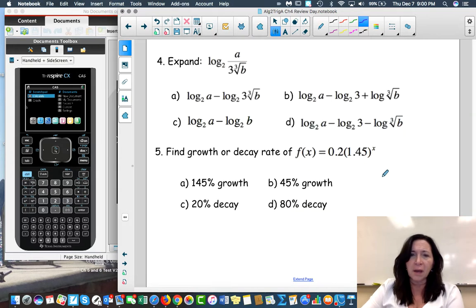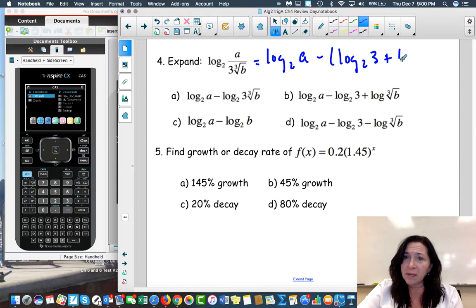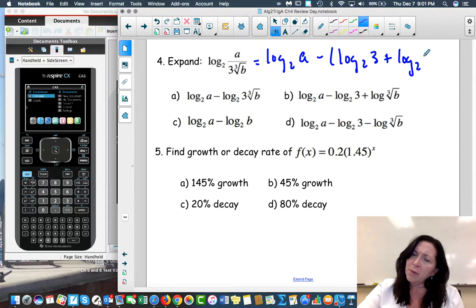Okay. This one, expand. So log base 2 of this. So this will be log base 2 of A minus this quantity, log base 2 of 3 times, times means plus, log base 2 of the cube root of B. So we could say the cube root of B, but I noticed that none of these did that, so I'm just going to leave it like that.